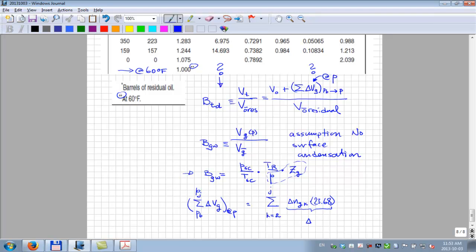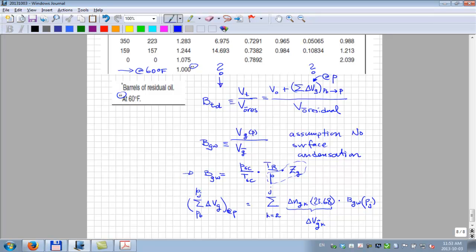That represents your surface gas that's been released, times this BGW evaluated at the pressure of interest. No matter which stage K you're looking at, it's always being evaluated there.